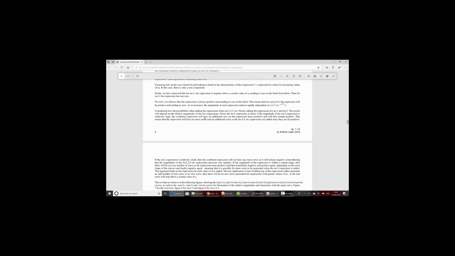This means that the expression would have no more zeros and no additional zeros as the m equals 3, 4, etc. expressions are added, since they're all positive. If the m equals 2 expression is relatively small, then the combined expression will not have any more zeros, as it will remain negative, it will remain below 0.